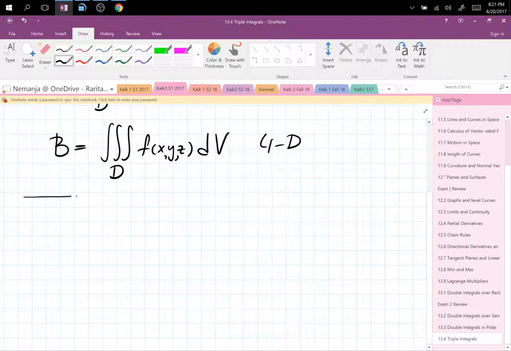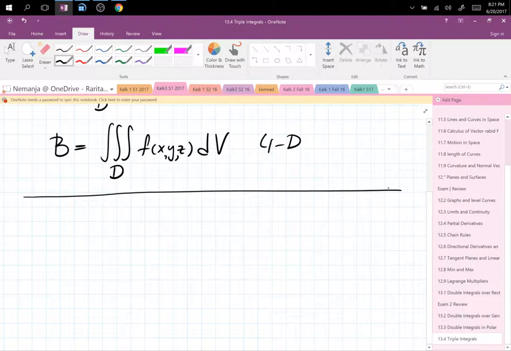So the first order of business is to work on volume of the box.